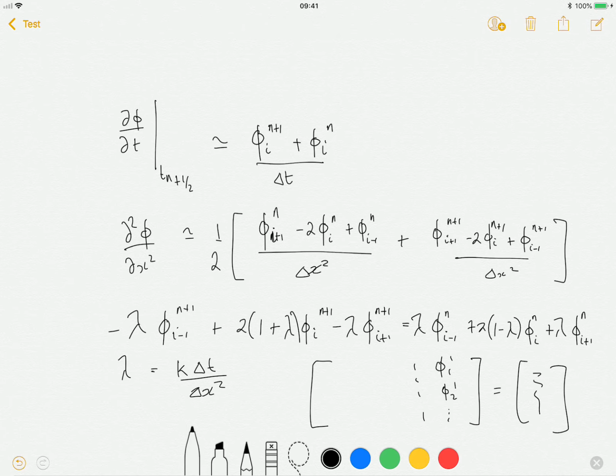Okay, and what happens is that you end up with a tridiagonal matrix, which becomes relatively easy to solve using some type of iterative method. And again, we would apply our boundary conditions to this formulation as per the previous methods that we've seen.